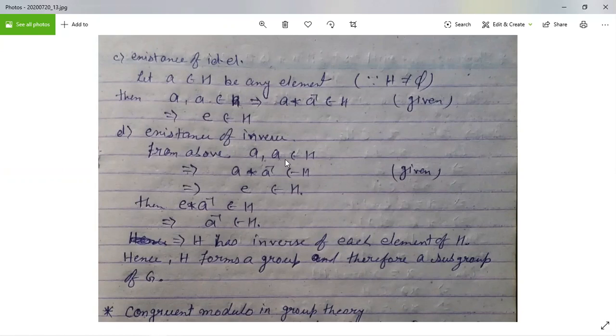From above, A, comma A belongs to H. This implies that A star A inverse belongs to H. This implies that E belongs to H. Then E star A inverse belongs to H. This implies that A inverse belongs to H. This implies that H has an inverse of each element of H. Hence, H forms a group and therefore is a subgroup of G. Hence, this proves the theorem.